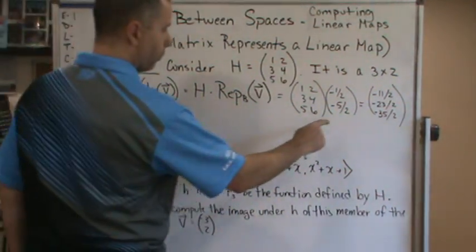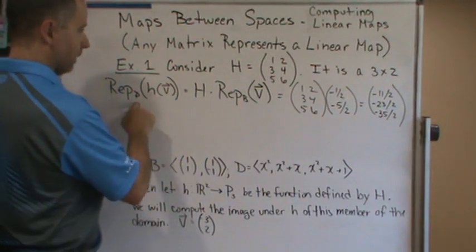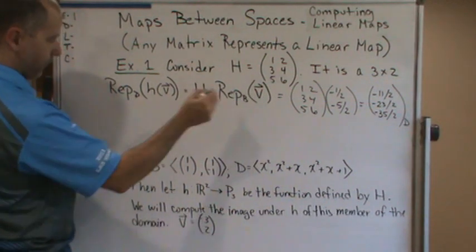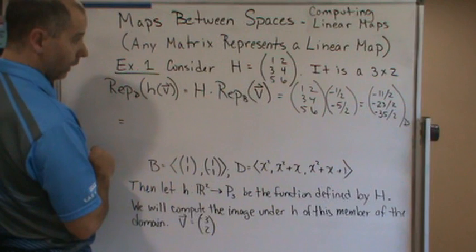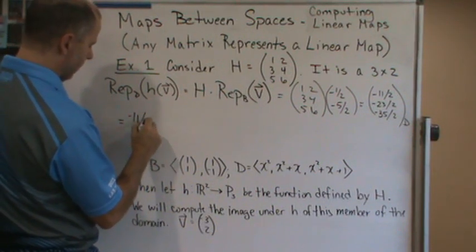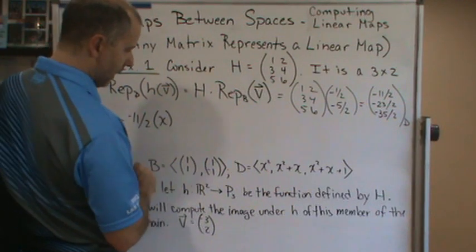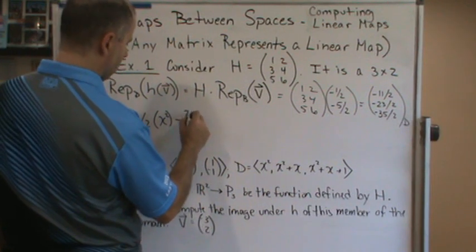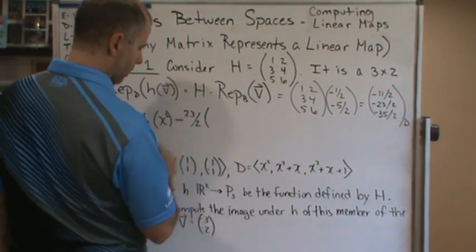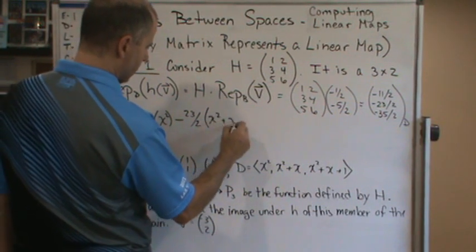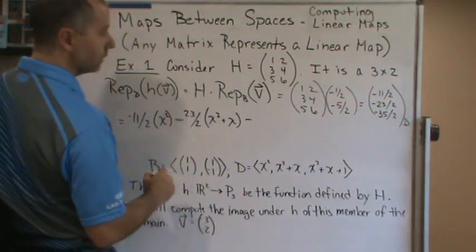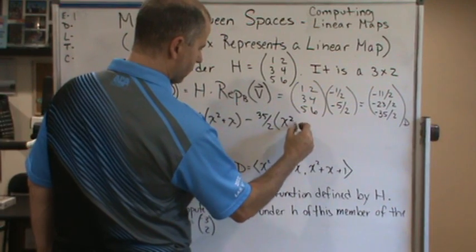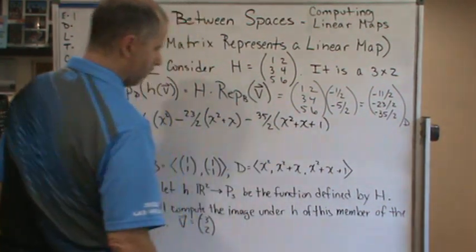Well, from here, D. Now to go one step further, we can write this as negative 11 halves times x squared, minus 23 halves times x squared plus x, minus 35 halves times x squared plus x plus 1.